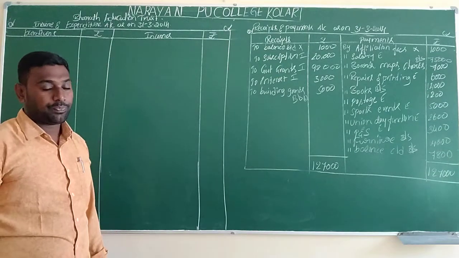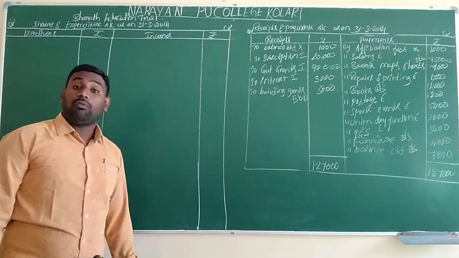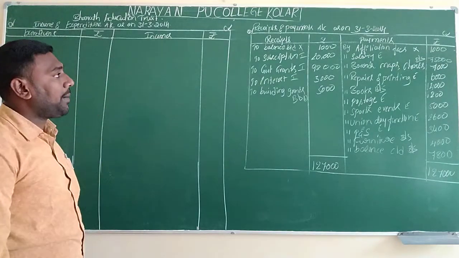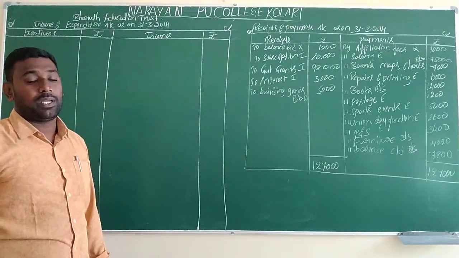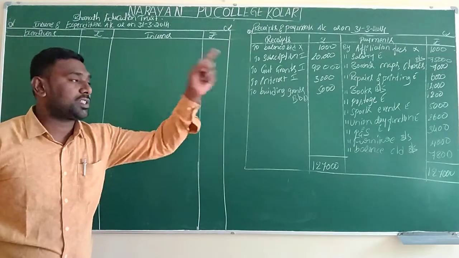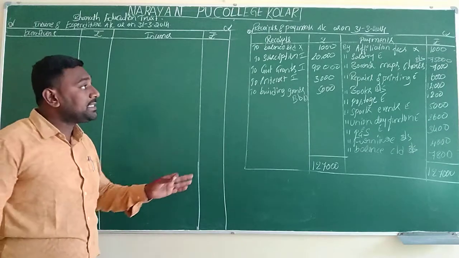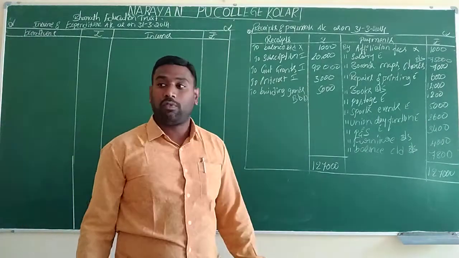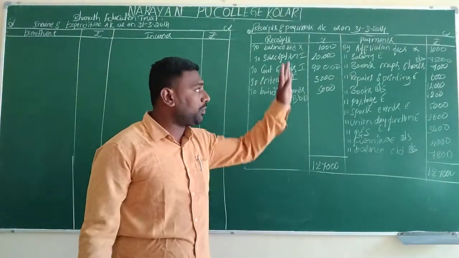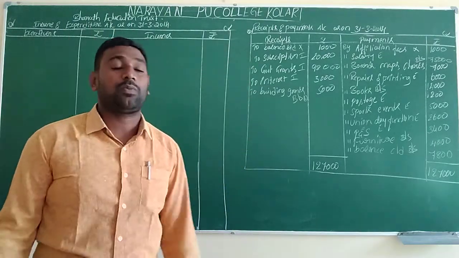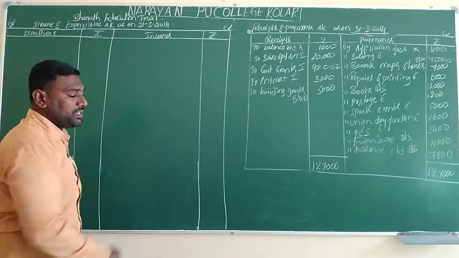But here, the affiliation fees is the previous year's same value transferred to the present year, so we have to ignore that value. Instead of this 1000, if they give 4000, 3000, 2000, we have to consider the same value which is transferred from the previous year, so we have to ignore that one. So affiliation fees we won't take.